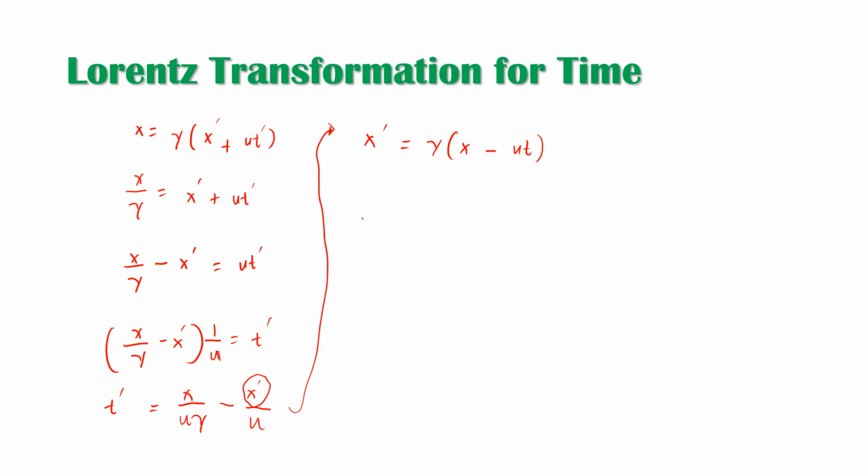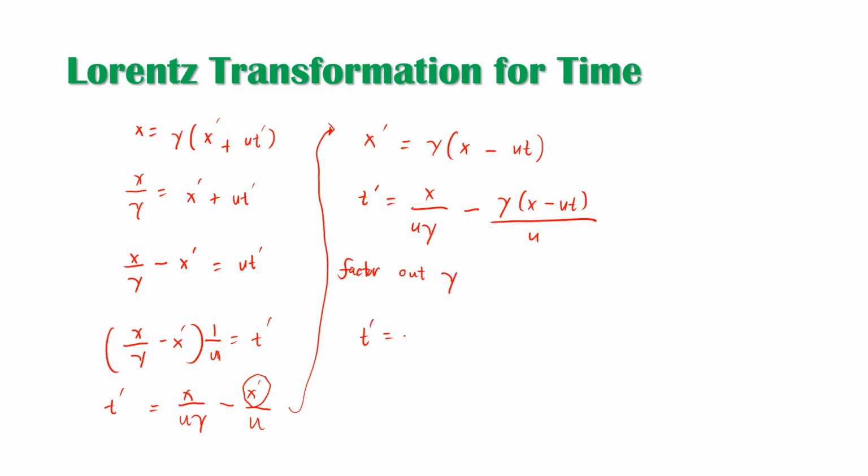From this equation, we substitute x prime. So we have t prime is equal to x over u times gamma minus gamma times (x minus ut) divided by u. Okay, and then we factor out gamma.